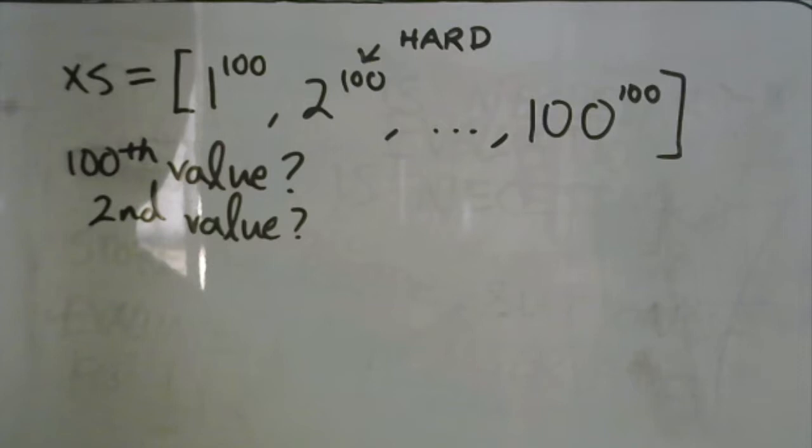But depending on what we're doing, we don't need to evaluate everything. For example, if we just wanted to know the 10th value in this list, that is 10 to the 100, we don't care about what 9 to the 100 is or what 100 to the 100 is. So with lazy evaluation, we leave the rest of the values alone, go to the 10th place in the list and go, okay, we just need to calculate 10 to the 100.